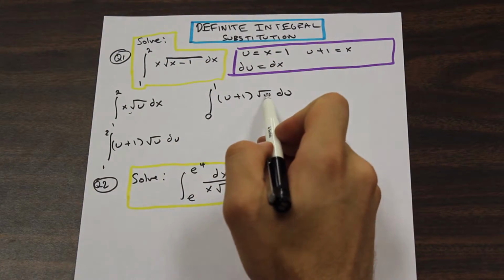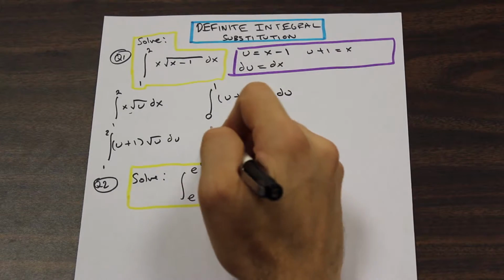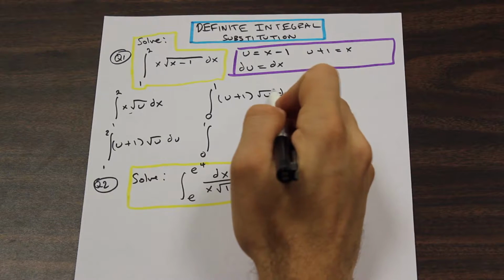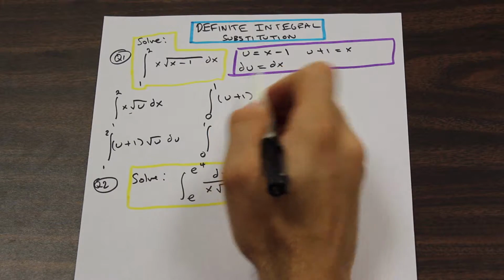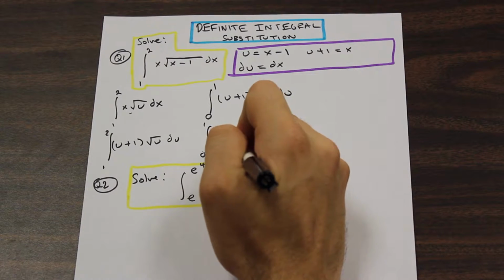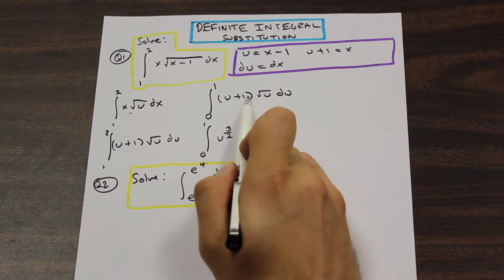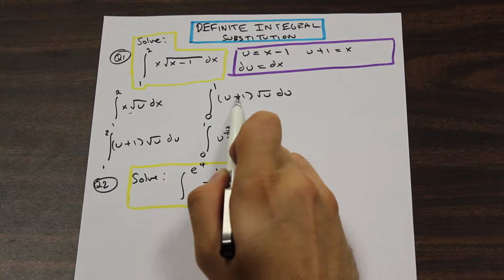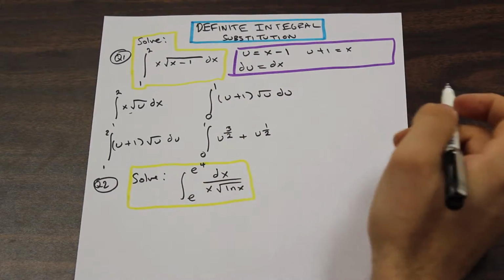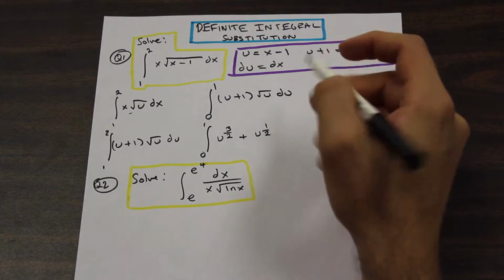So what we're going to do is multiply this root u into the equation. We have from 0 to 1, and this is to the power of 1/2, and this is to the power of 1. So we add the exponents together, and that will give us u to the 3 over 2. And we have root u times 1, which is just root u, so that's u to the 1/2. Perfect.